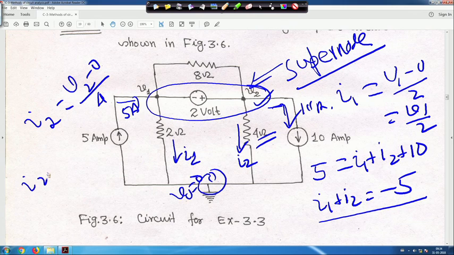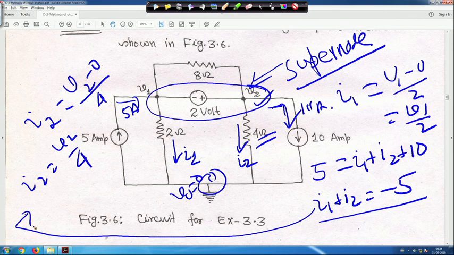Therefore I2 is equal to V2 by 4. Substituting, V1 by 2 plus V2 by 4 is equal to minus 5. Accordingly, you can solve it, and it will be 2 V1 plus V2 is equal to minus 20.